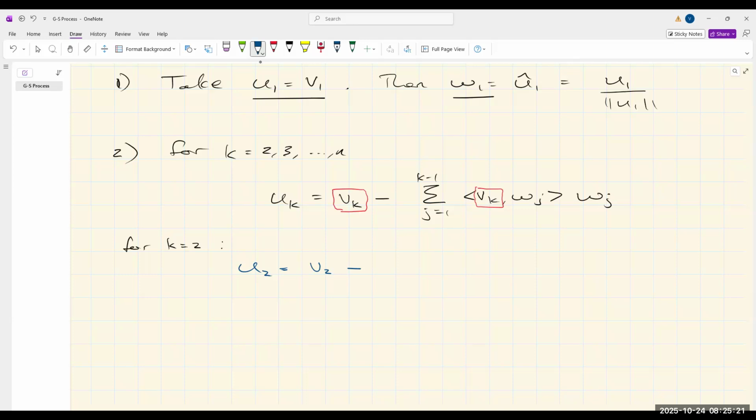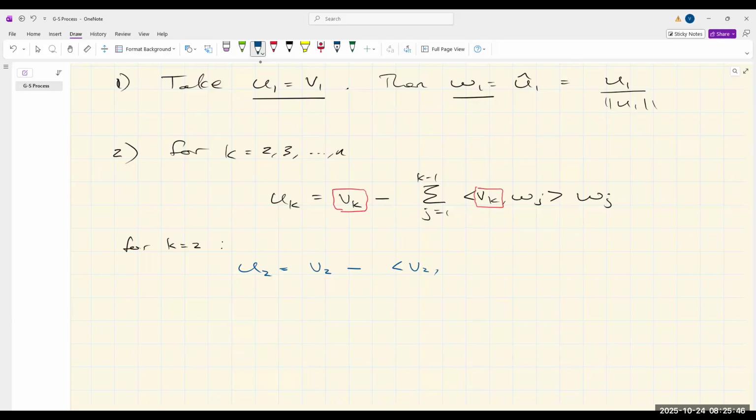So there's just one term in the summation. And it's just minus the inner product of V2. So the V's are always fixed. So what you do is you subtract away the inner product of that fixed V vector, in this case V2, with all the other W's that you have already calculated.